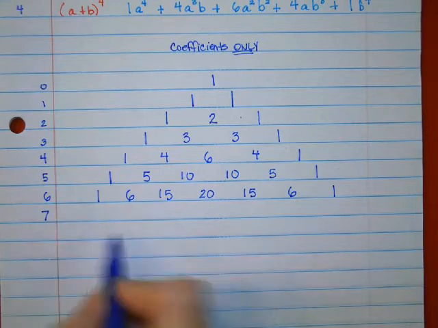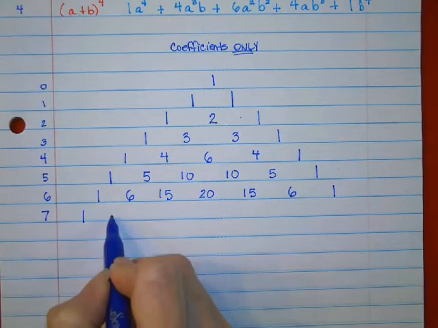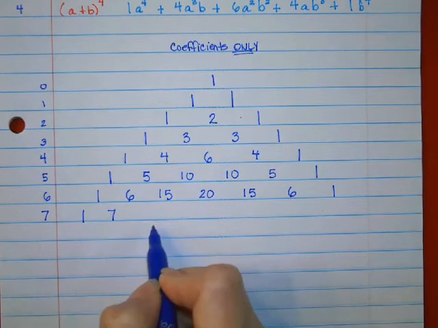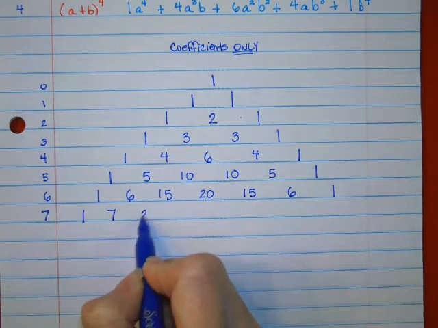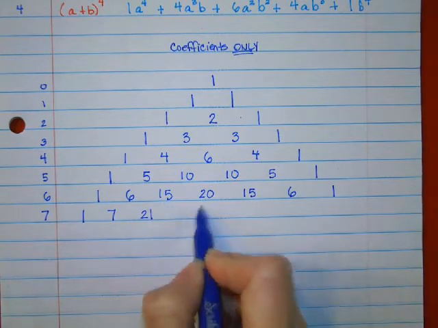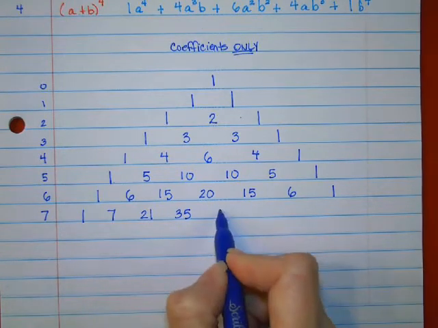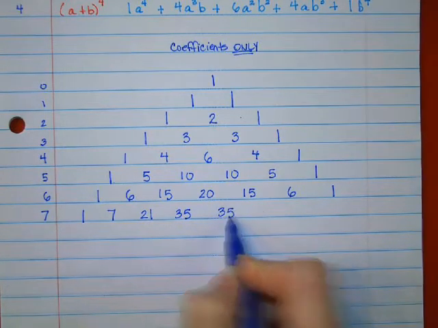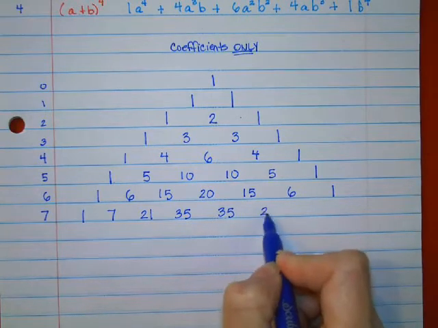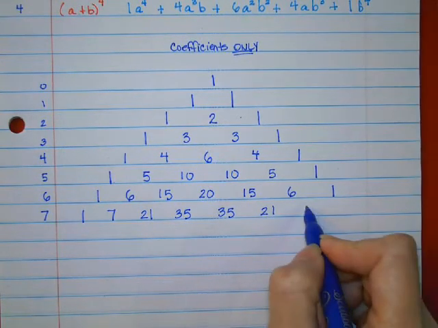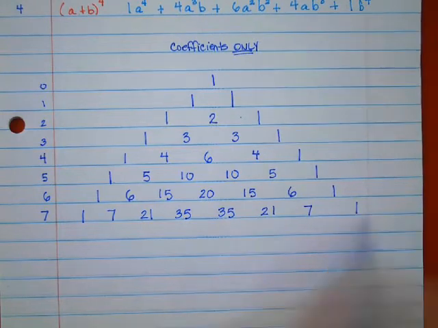Row 7. Start with 1. 1 plus 6, that's right, 7. 6 plus 15 is 21. 15 plus 20 is 35. 20 plus 15 is 35. 15 plus 6 is 21. 6 plus 1 is 7, and then 1.